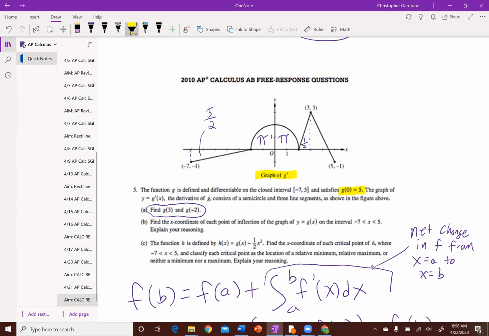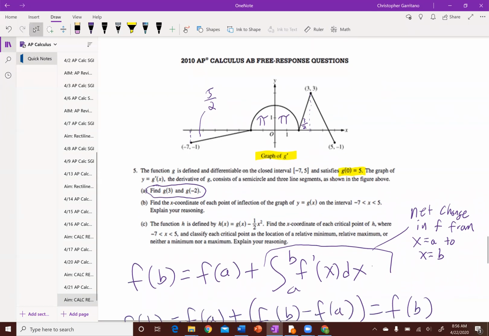We're told that g of 0 is equal to 5. The rest of this problem deals with the concept that you see here, that a function evaluated at a certain point can be expressed as that function evaluated at some initial point plus the integral from that initial point to the point we're interested in of the derivative.